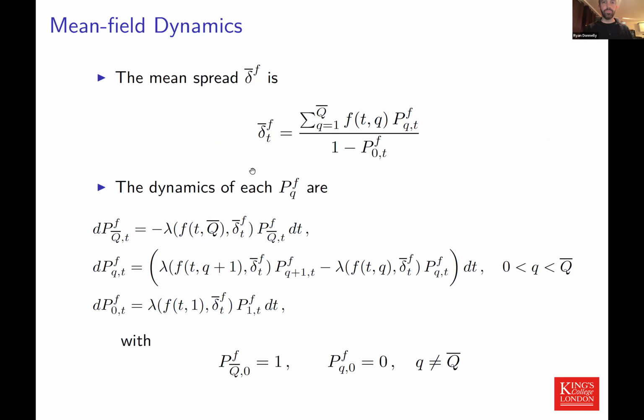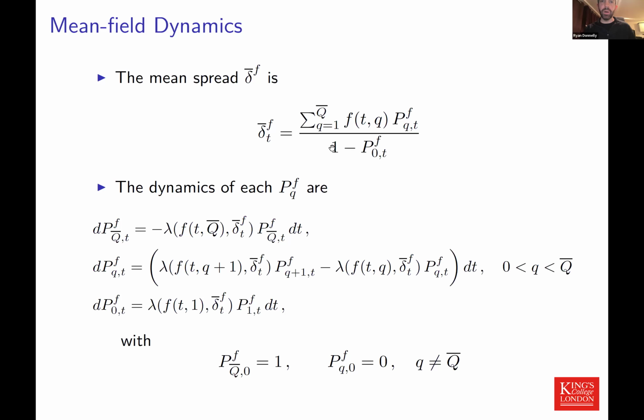Okay, so this here at the top is the average spread quoted across all agents. For every possible value of Q, we take the price that is being set by an agent at that inventory level, multiply it by the proportion of all agents at that inventory level, and add this up over all inventory levels.